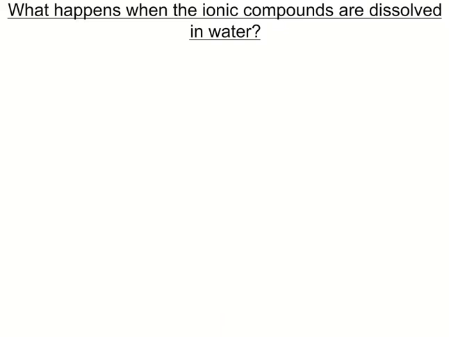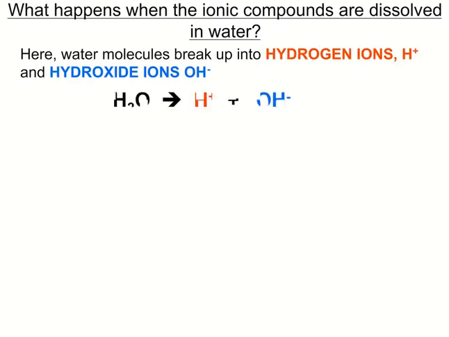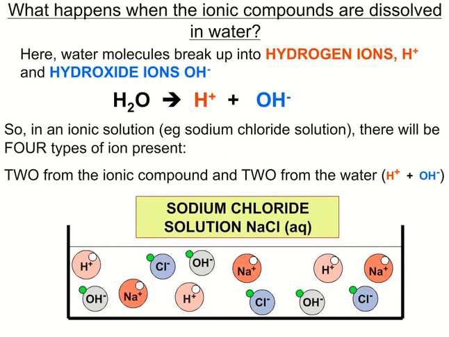What happens when ionic compounds are dissolved in water? Here water molecules break up into hydrogen ions, H plus, and hydroxide ions, OH minus. So in an ionic solution, for example sodium chloride solution, there will be 4 types of ions present: 2 from the ionic compound and 2 from the water.